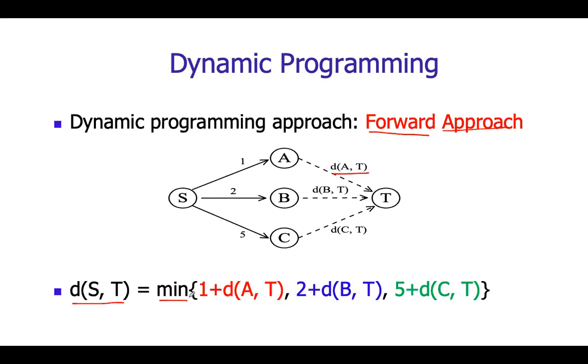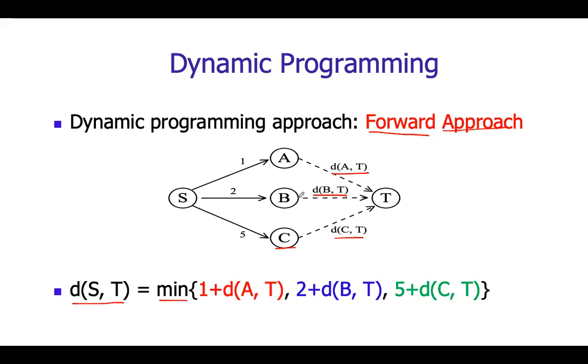Okay, minimum of any of these three things: 1 plus D of A to T, or 2 plus D of B to T. D of B to T means I will go to B and from B to T, what is the distance that you have to calculate. Or 5 plus D of C to T. Okay, 5 plus distance of C to T.